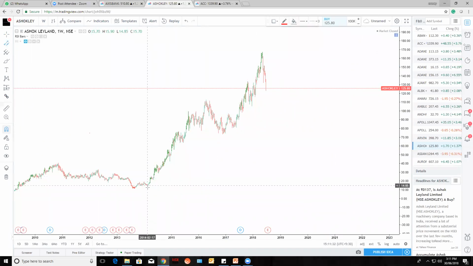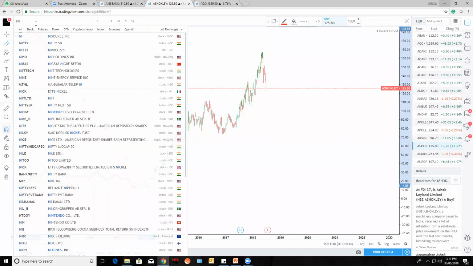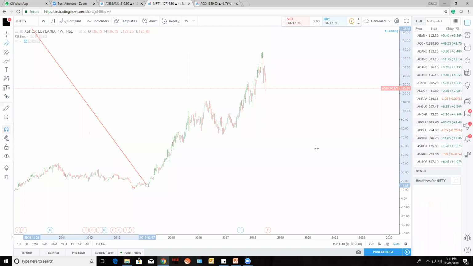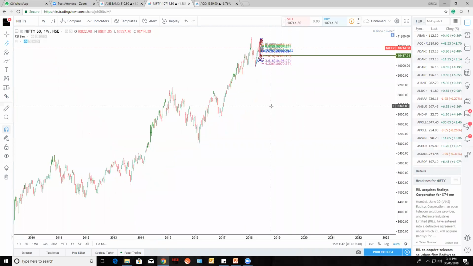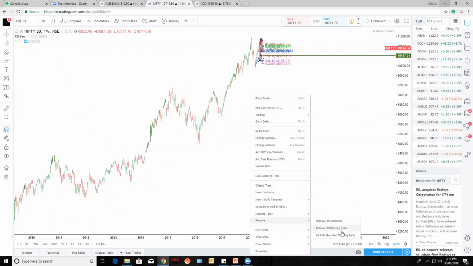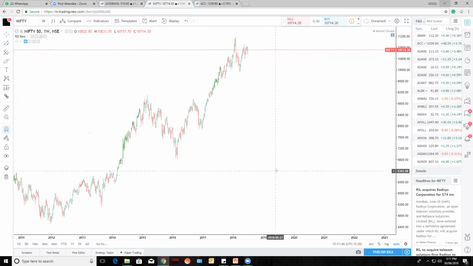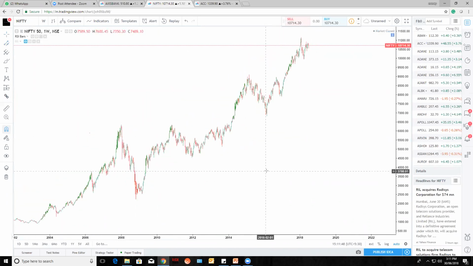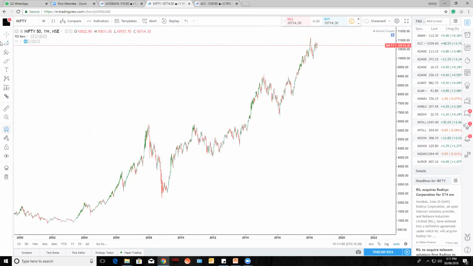To draw the channel, what I need, one is a lower point. Sorry, it's Ashoka Island. Sorry, guys. Let's take Nifty 50 stock. Let's say I'm drawing from here. Let's say this is one low point.